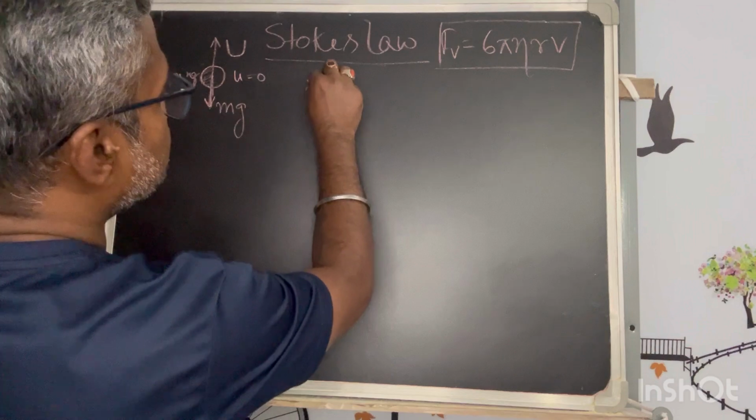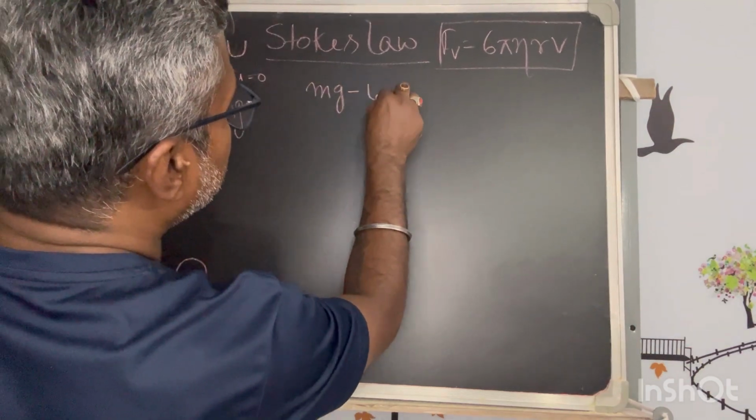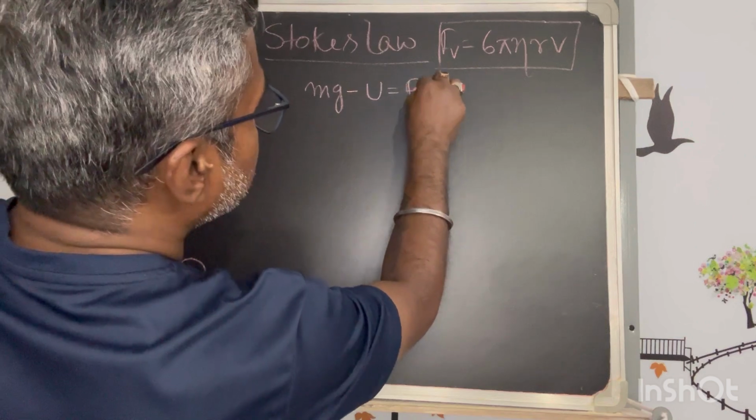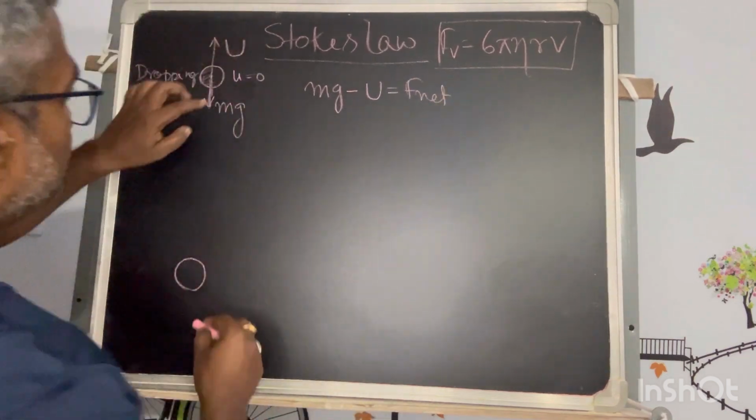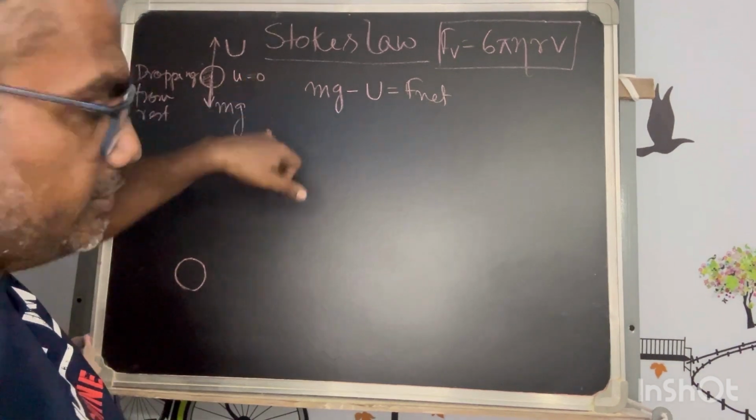So in the initial case, the weight minus the upthrust will be the net force acting, due to which it will fall down. So this is the net force that is acting on it.